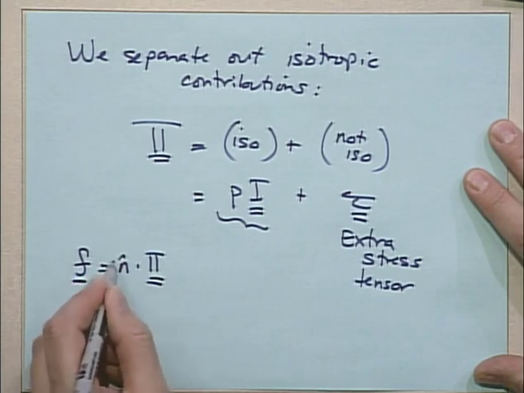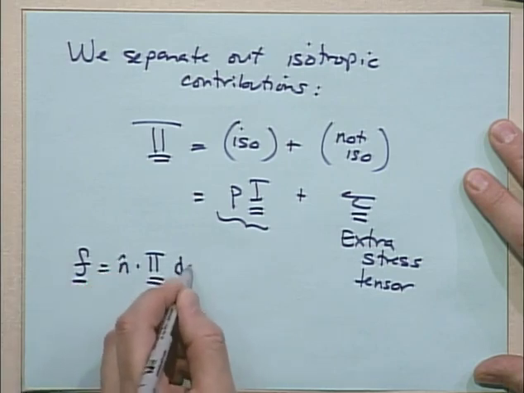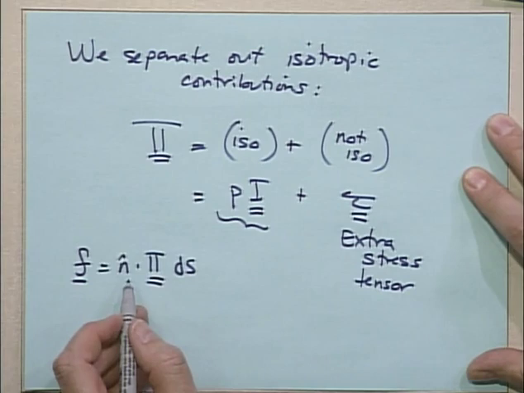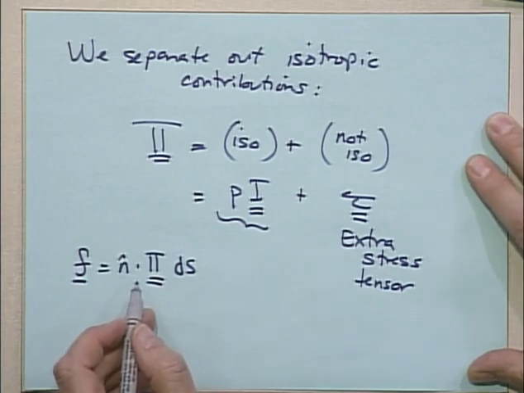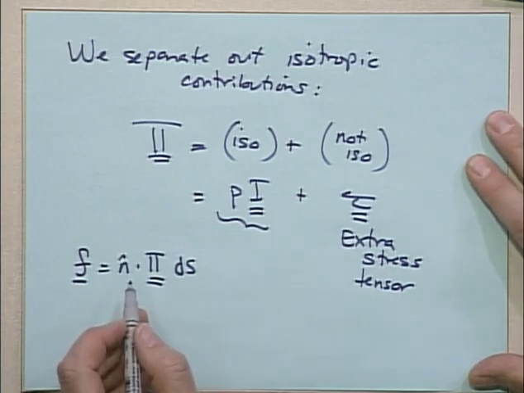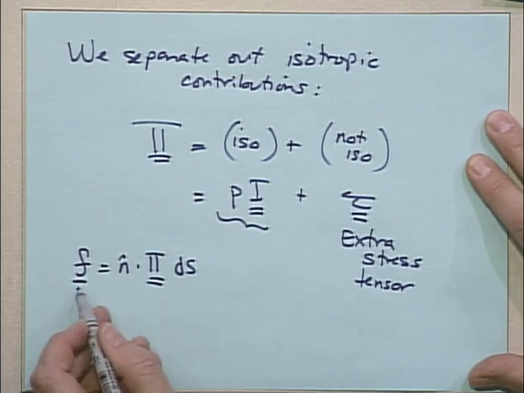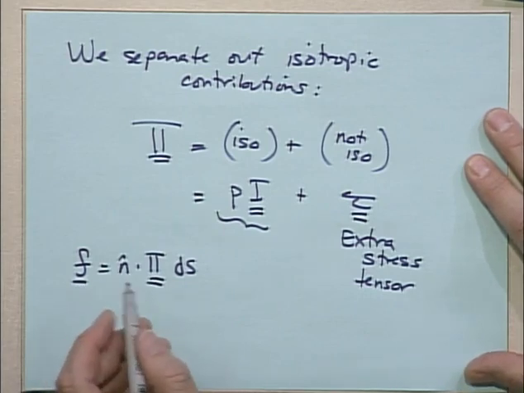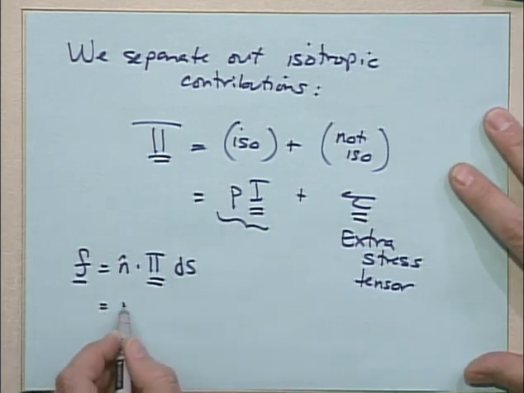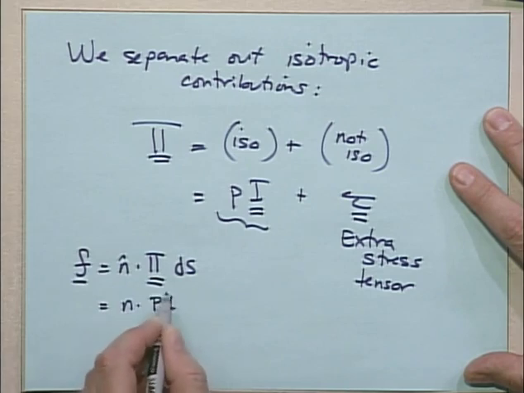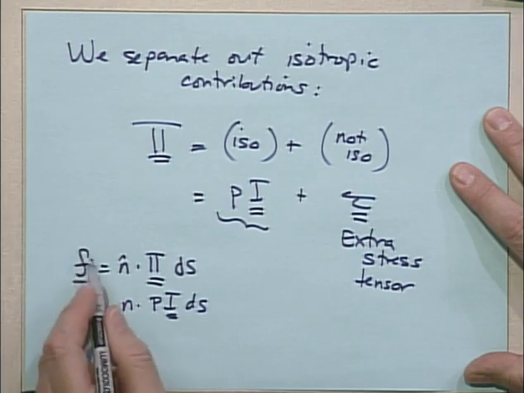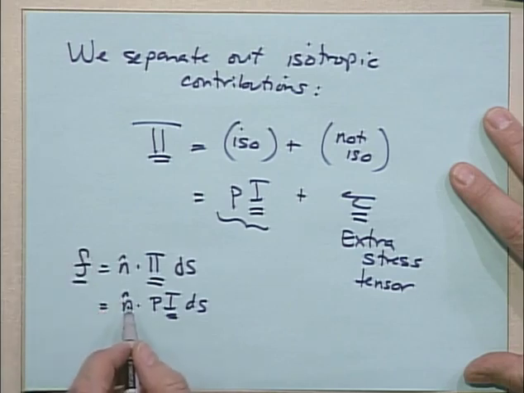So it is n dot the stress tensor ds. n is how we pick the orientation of the surface. So I'm saying that no matter what n I pick, I'll get the same force out if all that's present is pressure. So that means if all that's present is pressure, then I put n dot pi. I should get the same value out and the same direction.